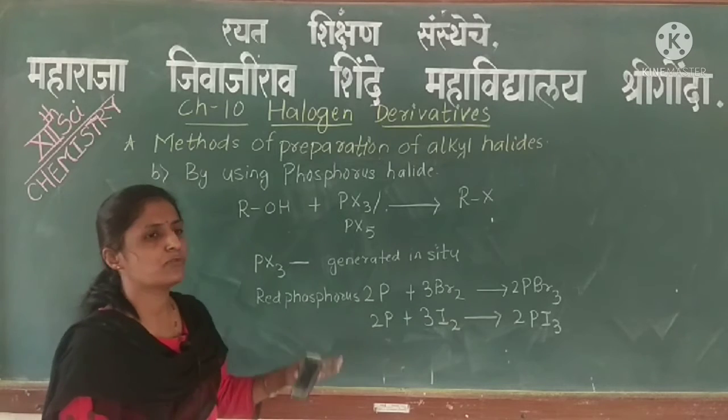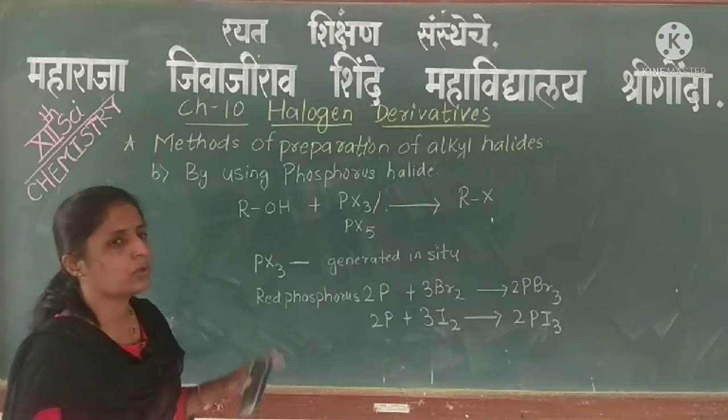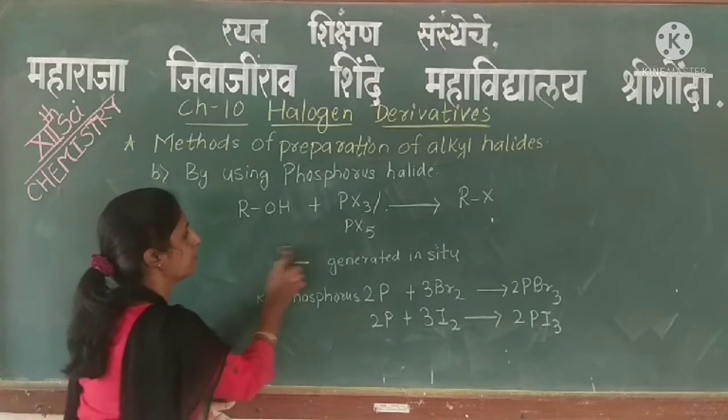Now let's see how this phosphorus trihalide reacts with alcohol and what products we are getting.